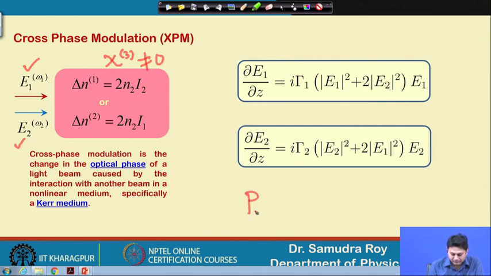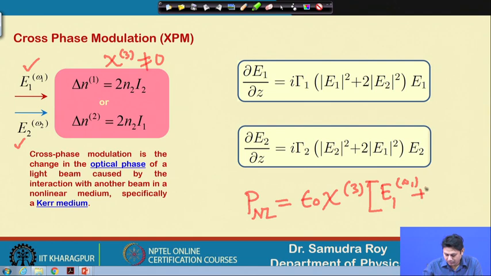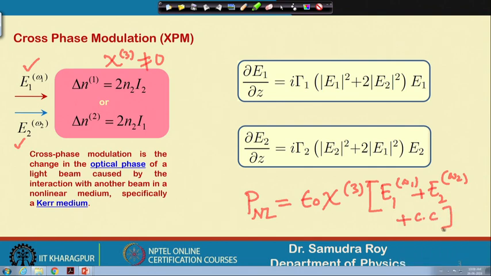P nonlinear will be epsilon 0 chi 3, multiplied by E1, which has a frequency of omega 1, plus E2, which has a frequency of omega 2, plus the complex conjugates of these two fields, and then the cube of that. In this way we calculate the P nonlinear.